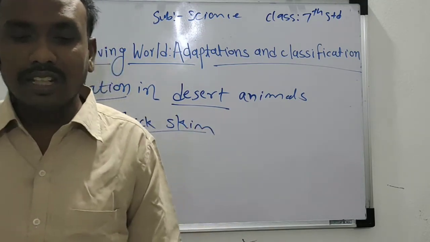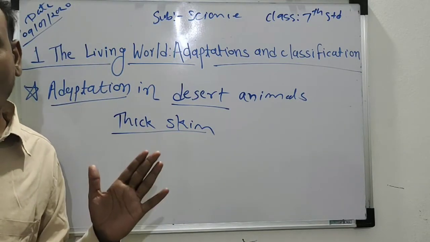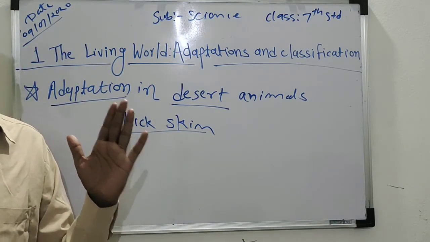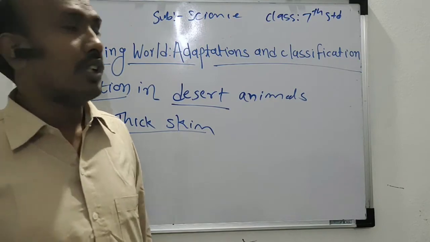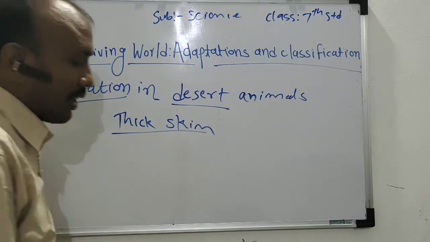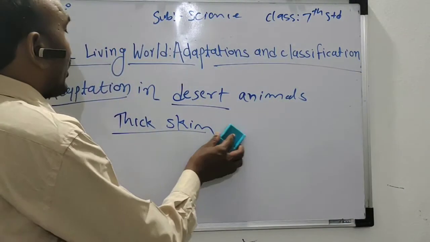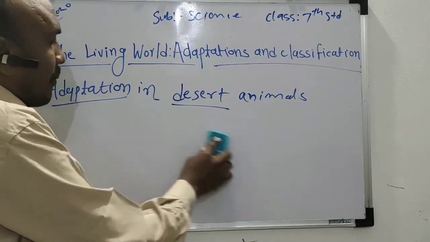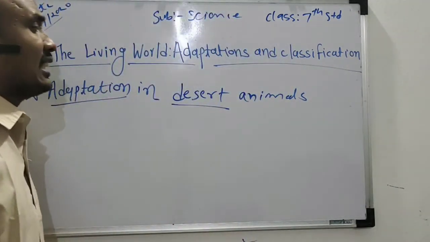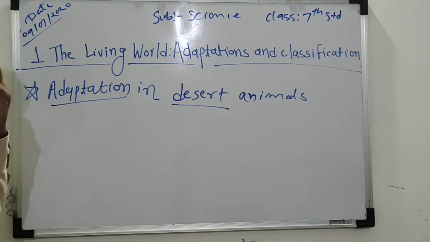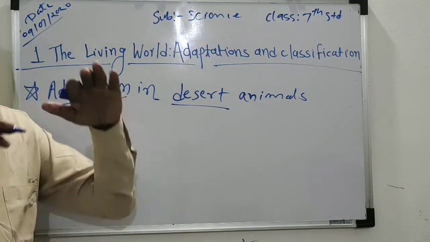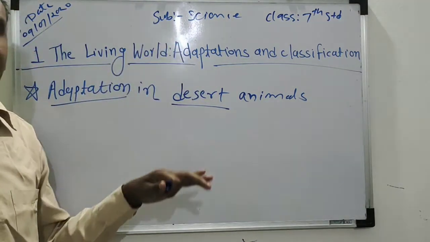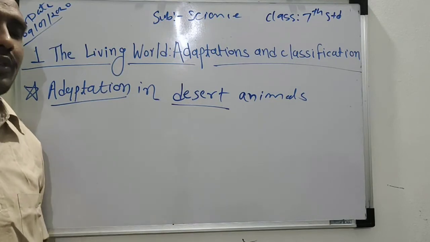Correct. Next, their legs are long and their feet are flat with cushion soles. You already discussed that the camel is known as the ship of the desert because of its cushion soles. If you sit on a camel, you can observe that.